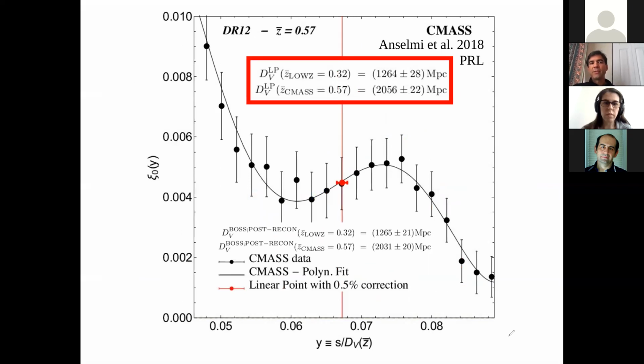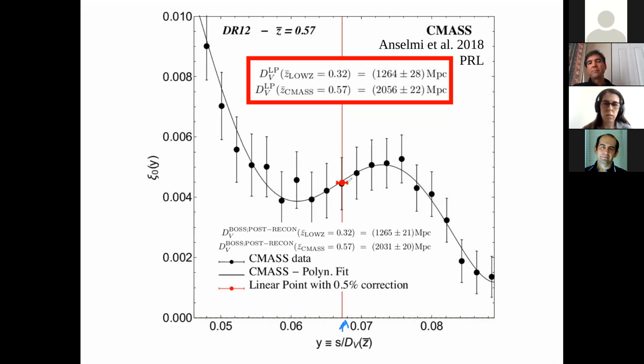so here are measurements from CMASS. I didn't have time, so the x-axis is a little confusing, but just think of this as distance. Okay, and so this should be the 100 megaparsecs. So the measurements are the symbols with the error bars. And so what we had done a couple of years ago was just fit this with a polynomial. That's the smooth curve.